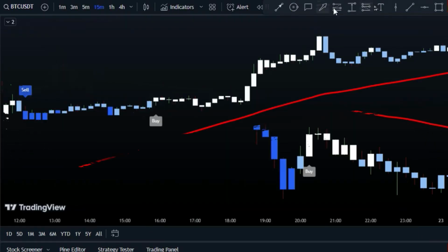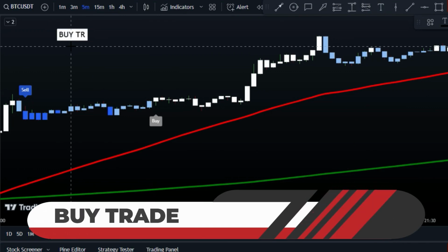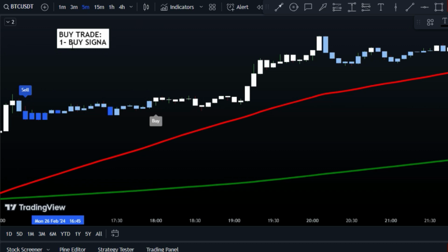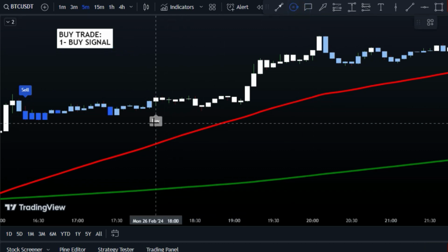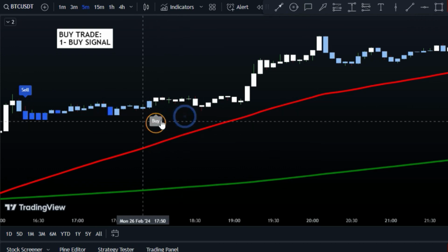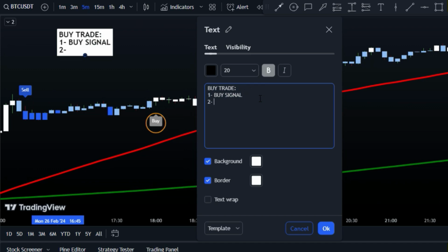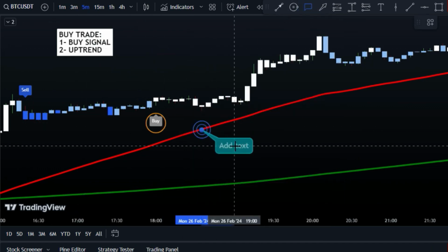First, we'll focus on entering a buy trade. Our primary indicator, the range filter, needs to show a buy signal as a preliminary step. However, to confirm the signal, we'll turn to our secondary indicator, the Cabin Cross Check.